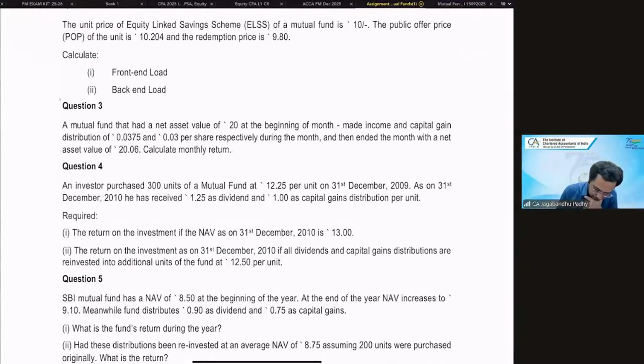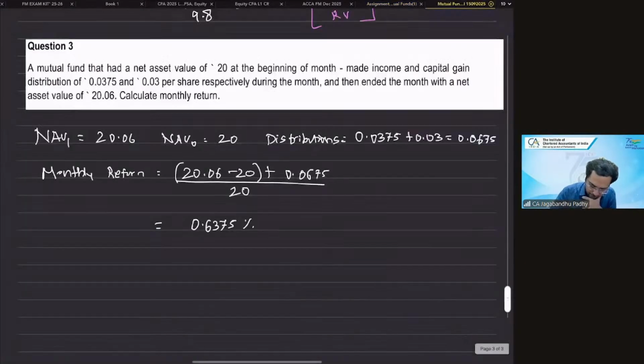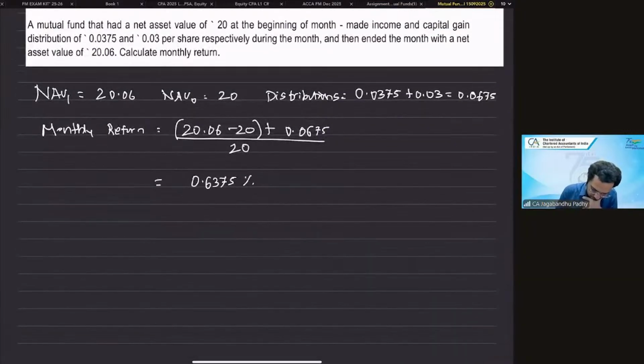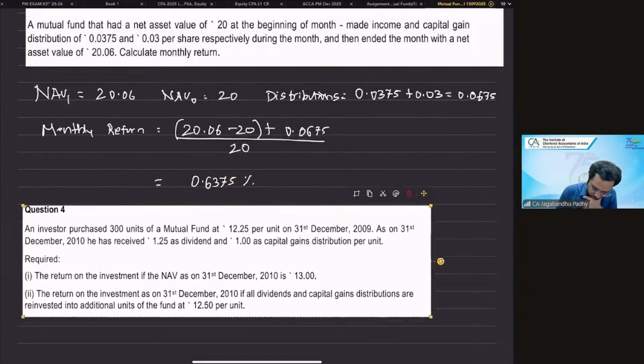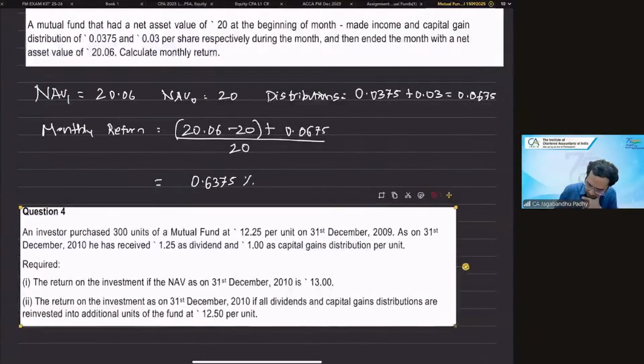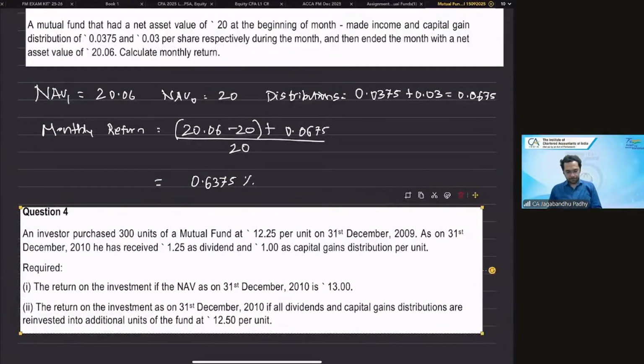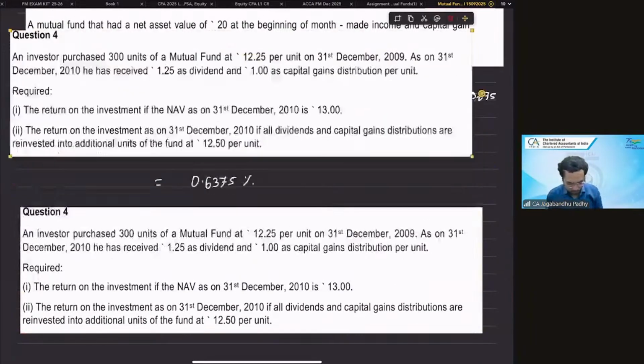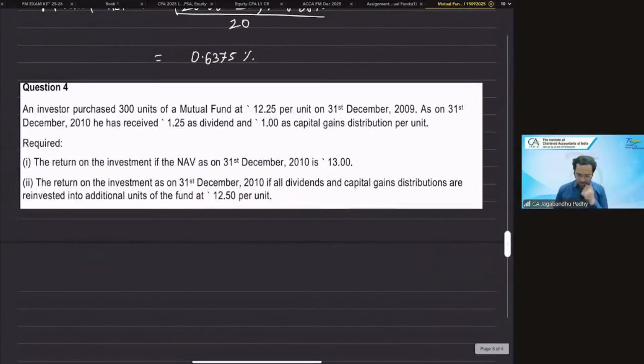Now, question 4. Try to solve this, guys.